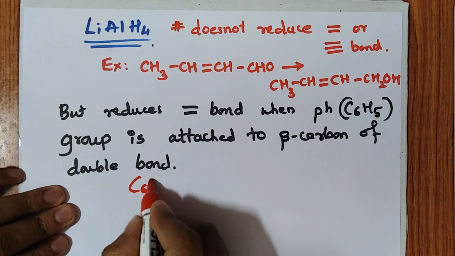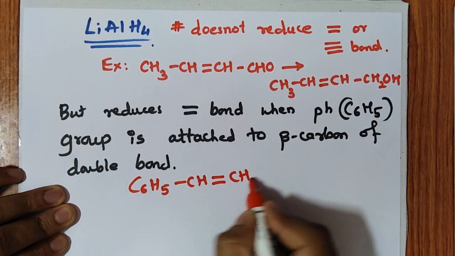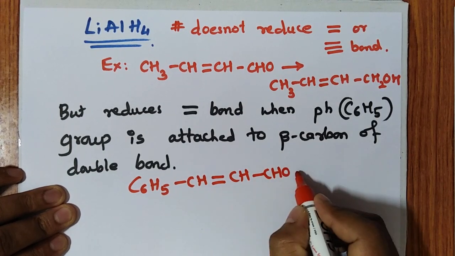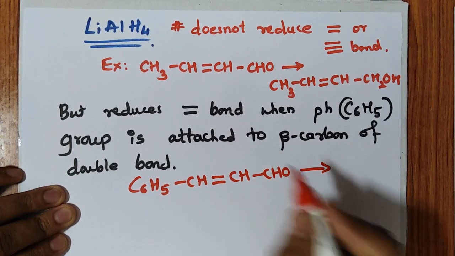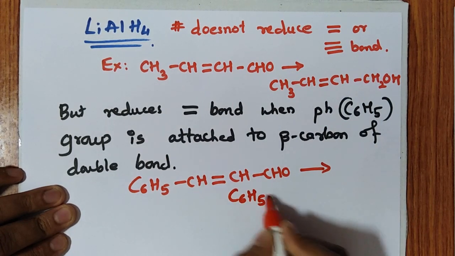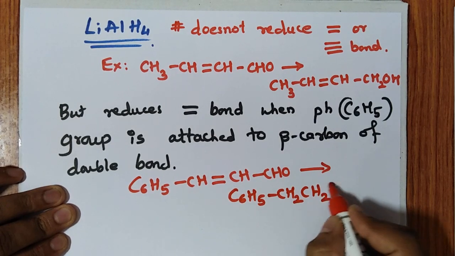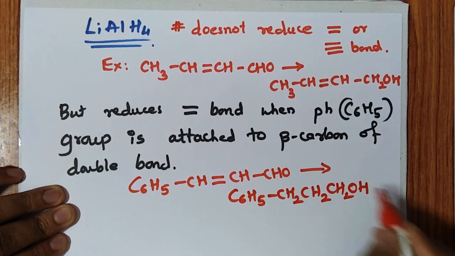Carefully see that. C6H5 CH double bond CH CHO. When lithium aluminum hydride is used, you are going to get the product C6H5 CH2 CH2 CH2OH.